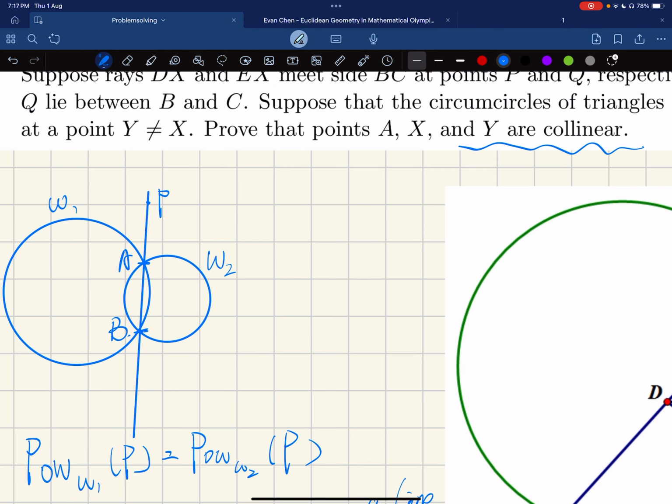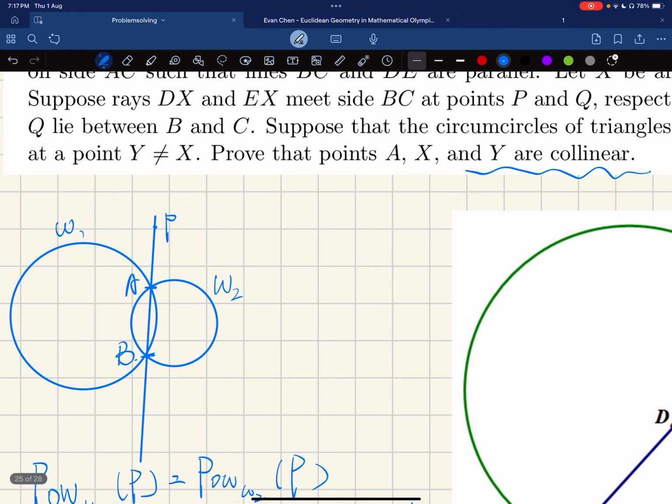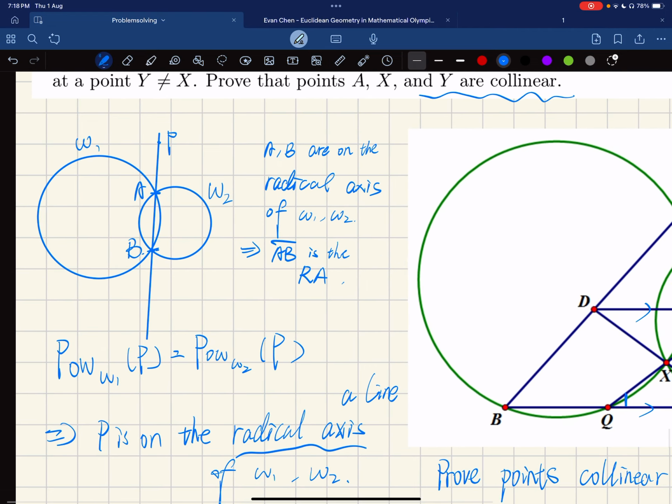And also the power of A to omega 2 equals 0. For B, it is actually the same. So A, B are on the radical axis of omega 1 and omega 2, and we know that line AB is the radical axis. I will just use RA instead.